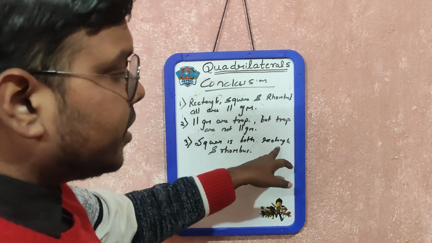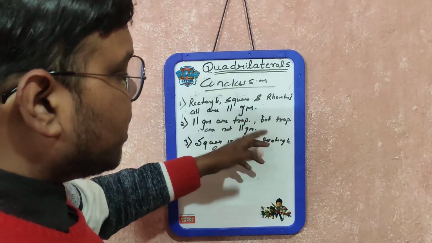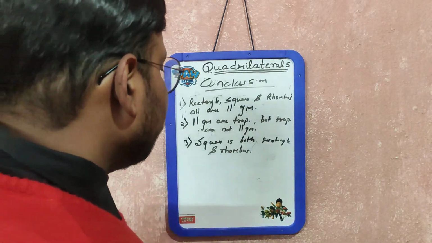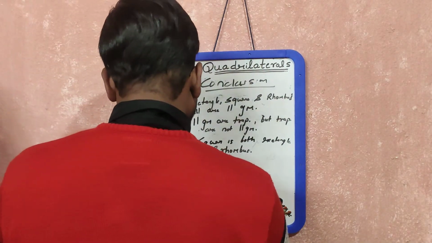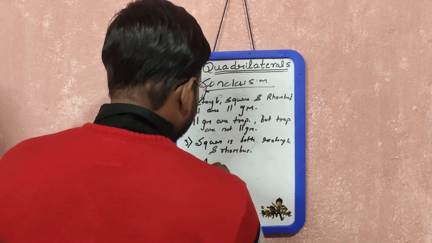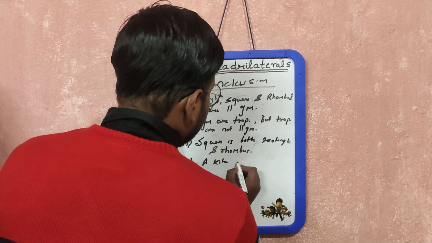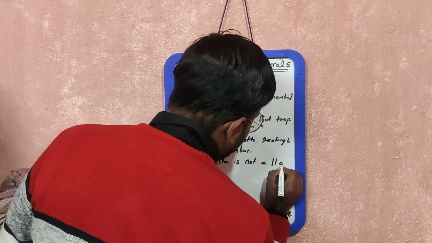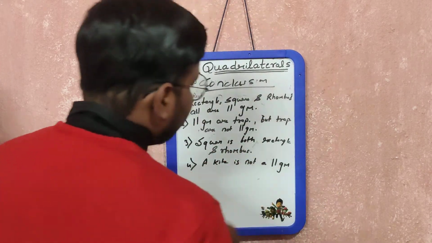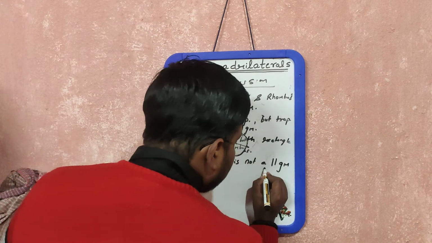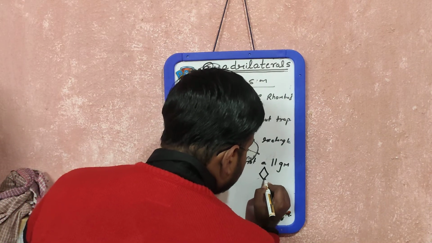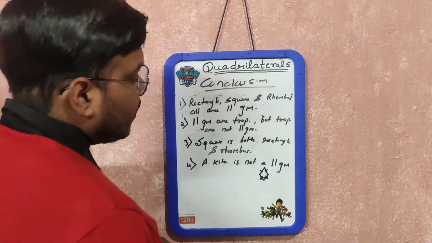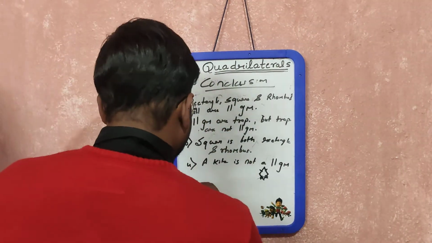Rectangle: each angle is 90 degree, opposite sides are equal and parallel to each other. Rhombus: all sides are equal to each other. Then a kite is not a parallelogram. If we draw the diagram of a kite like this and this, the adjacent sides are equal, so it is not a parallelogram.